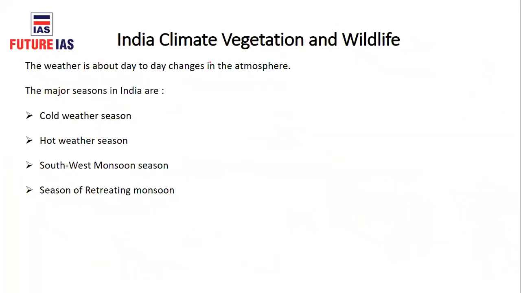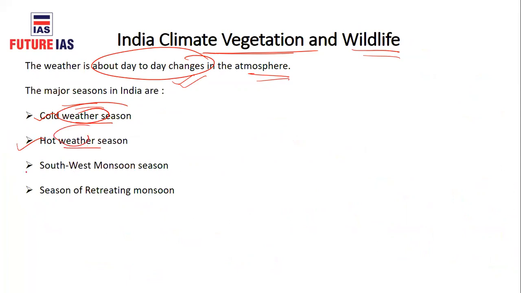All right, let's understand the vegetation and the wildlife. So weather is the day-to-day change in the atmosphere, but climate is not day-to-day change; it is the average of around 30 to 40 years of changes in the atmosphere. The major seasons that we have are the cold weather season, hot weather season, southwest monsoon season, and the season of retreating monsoon.